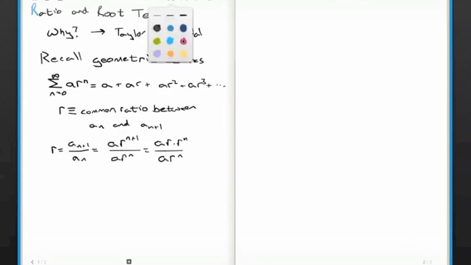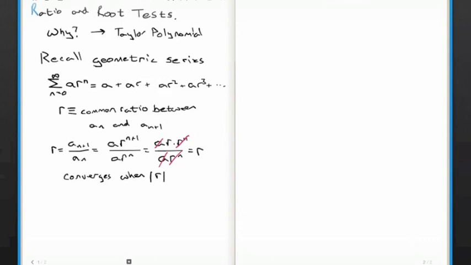And then if I cancel some of this stuff out, I can see that the a's cancel and the r's to the n cancel. So what am I left with? Just r. I just said r equals r, which seems like I just went in a big circle. I defined r, I defined the series, and then I said that r equals r. Well, remember that this converges when r, the absolute value of r, is less than 1.